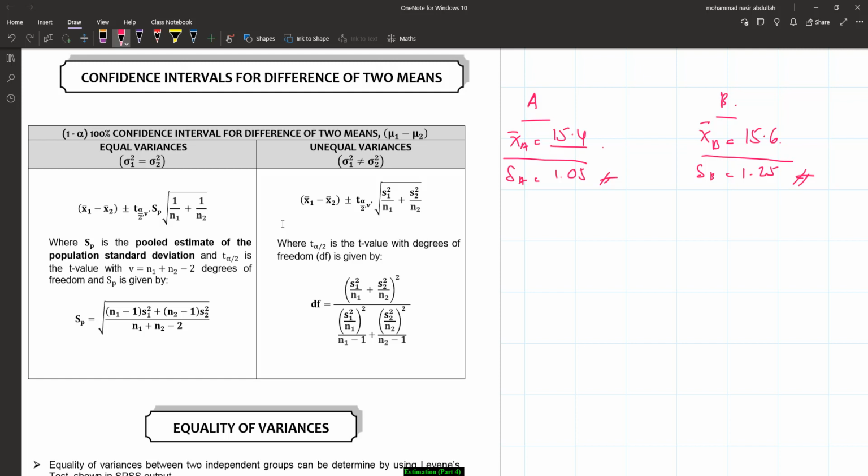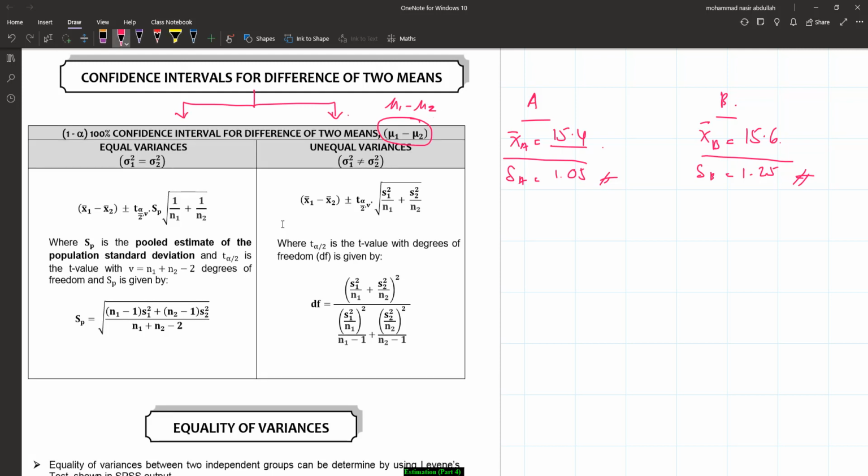To know whether there is a difference between A and B or no difference between A and B, we can calculate it by using the confidence interval for the difference of two means. There are two cases here: equal variance and unequal variance. The value that we want to measure is mu1 minus mu2.